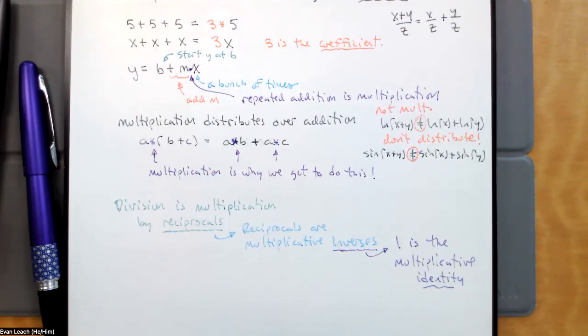When you multiply by 1, nothing happens. Just like 0 is the additive identity, because when you add 0, nothing happens. So what is the multiplicative identity? A reciprocal or a multiplicative inverse is what you multiply by a number to get to the multiplicative identity.